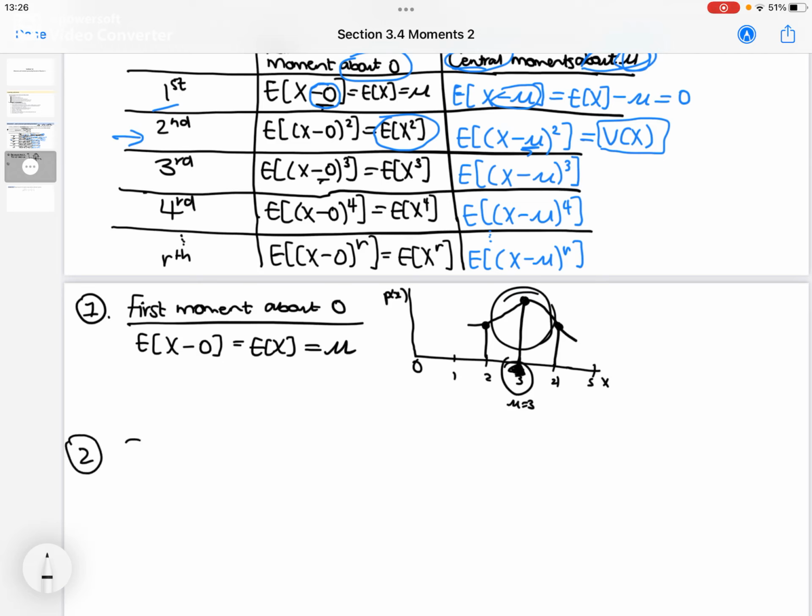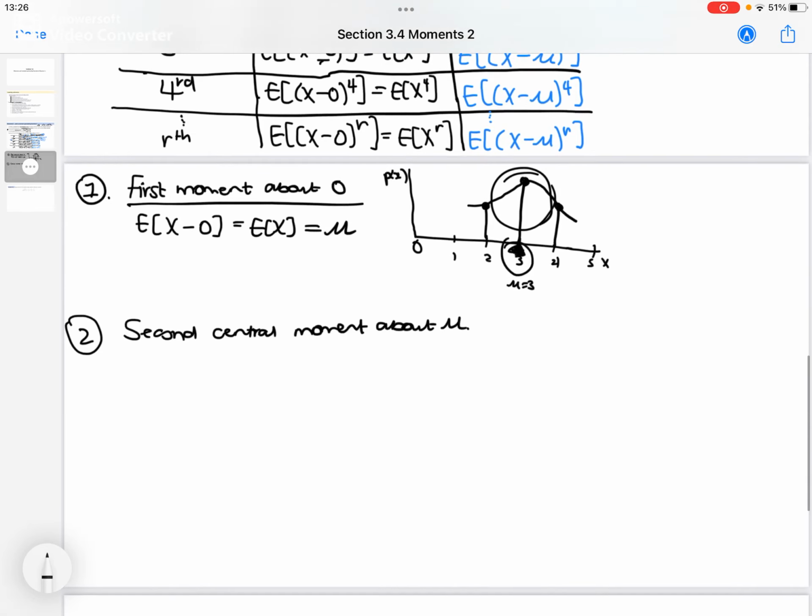Now the second important moment is called the second central moment about mu. Okay, so we're interested in this one. And it's defined as expected value of x minus what? Mu, right?